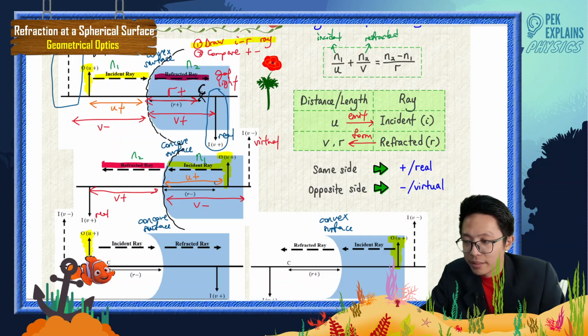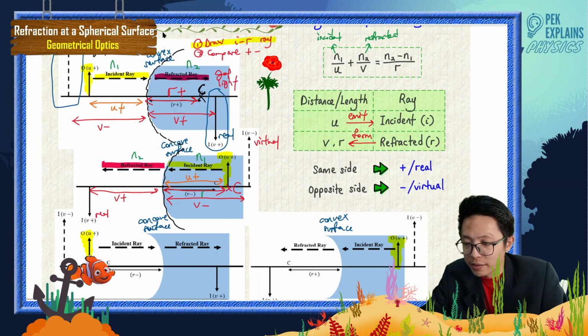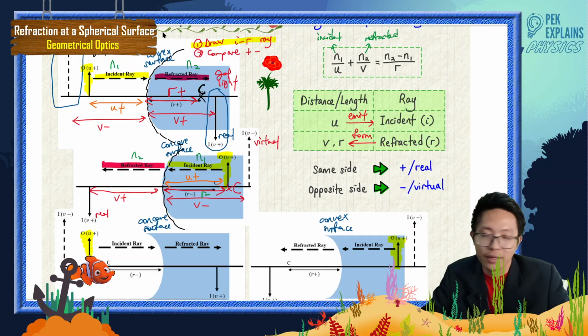You see that the r is over here, because the center of curvature is over here also, because the shape is like this. Is it on the same side as the refracted ray or opposite? It becomes opposite already, so this r is negative. You see or not?